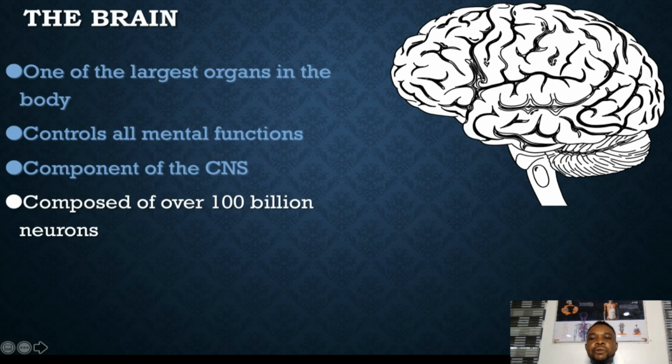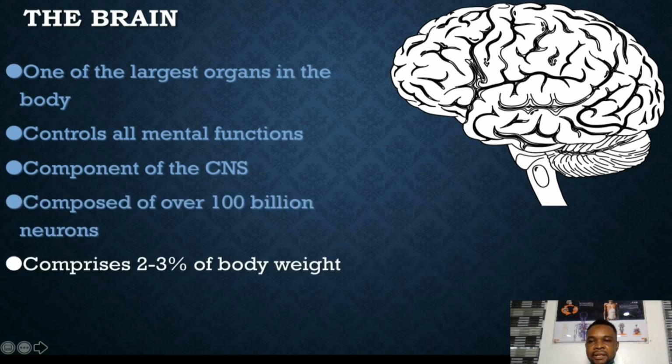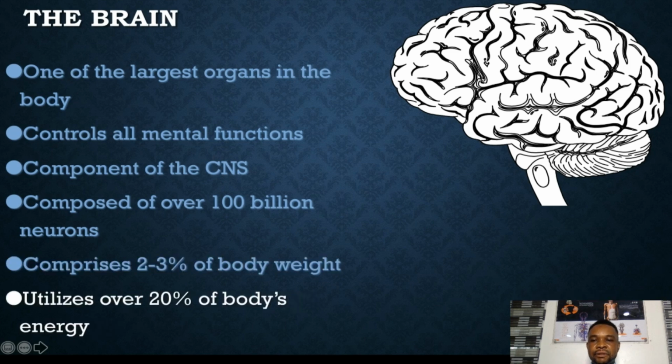It is composed of more than 100 billion neurons. You can imagine how powerful the brain is. The brain comprises about 2 to 3% of the body weight, and it utilizes over 20% of the body's energy. The brain is an important organ in the body.